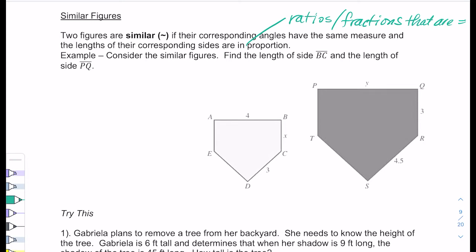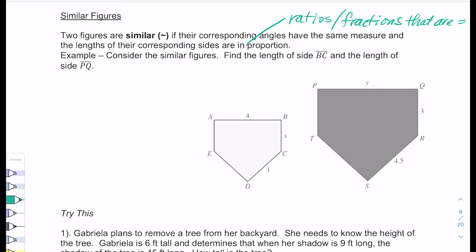So to solve similar figure problems, we're going to create a proportion. So we're going to have two fractions equal to each other. So in this problem, it tells us that both of those figures are similar. By the way, what would you call that figure? It has 5 sides, so they're pentagons. So they're similar. Okay, what does that mean?